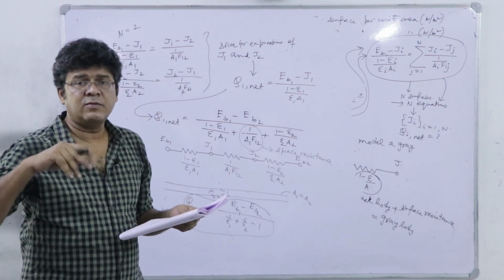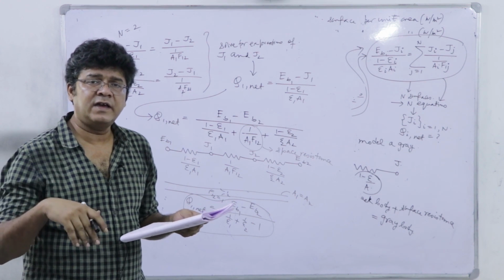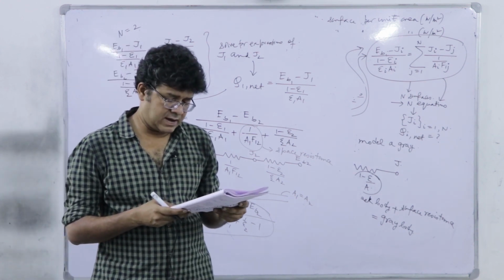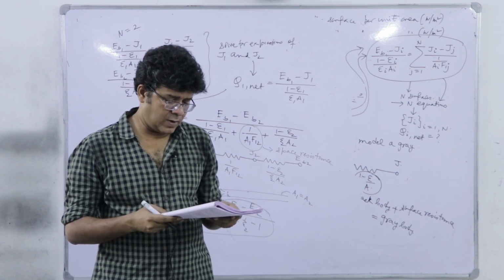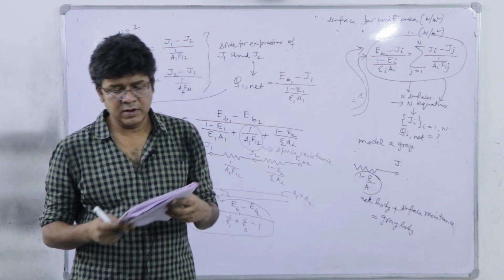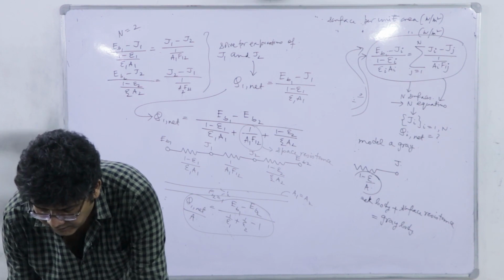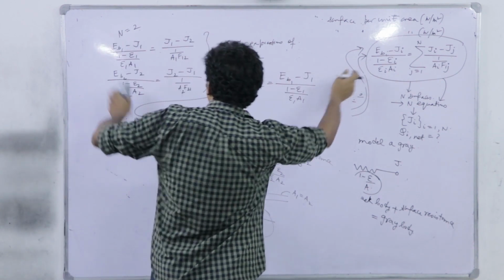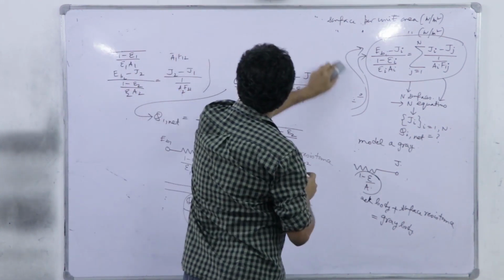So J is equal to G. If J is equal to G, definitely you can understand that Qi net will be equal to 0, and for a re-radiating surface the equation will be different. And what will be the equation?